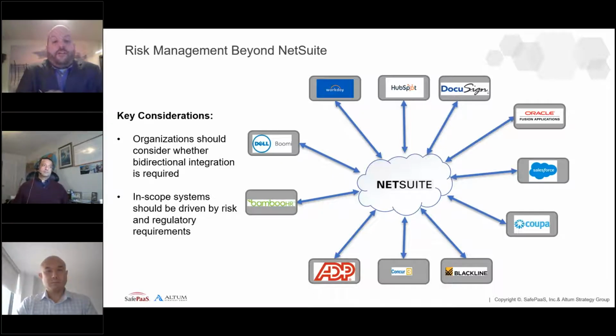There are connections to key HCM solutions like Bamboo and in some cases Workday, although Workday is becoming a more integrated system on its own. CRM systems like HubSpot and Salesforce, payroll processing on the ADP side, but really we're starting to see more on the supply chain side with Coupa there.